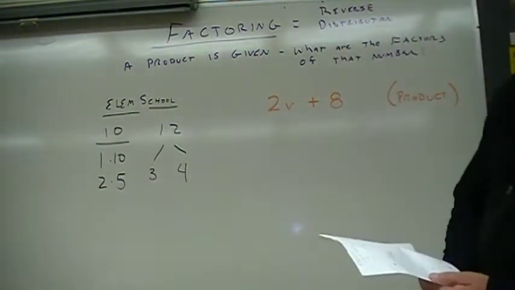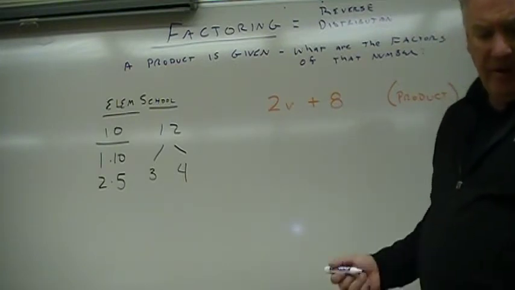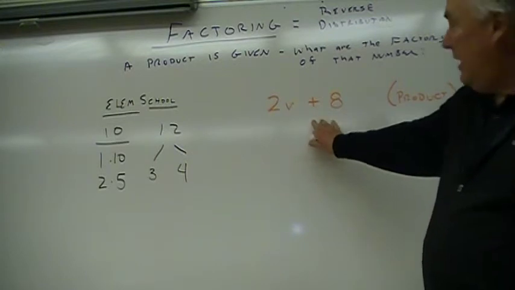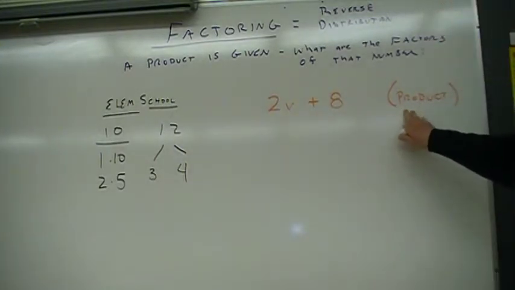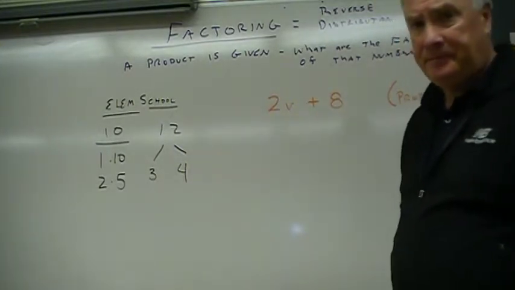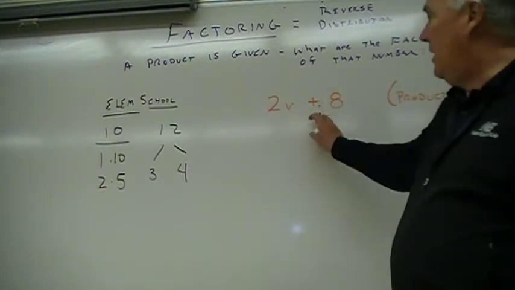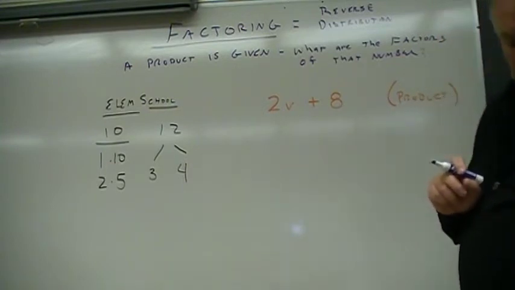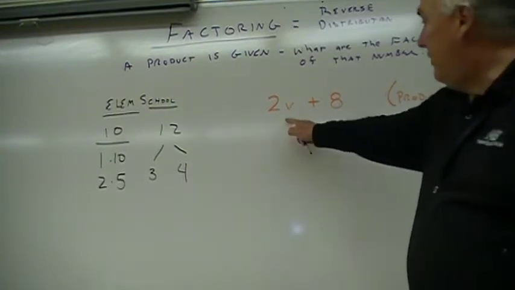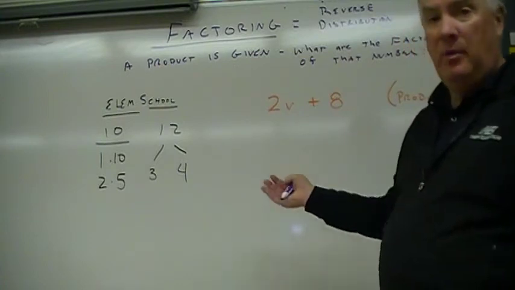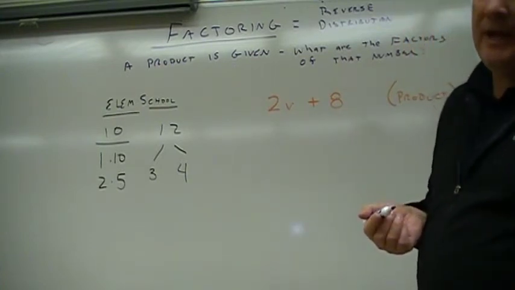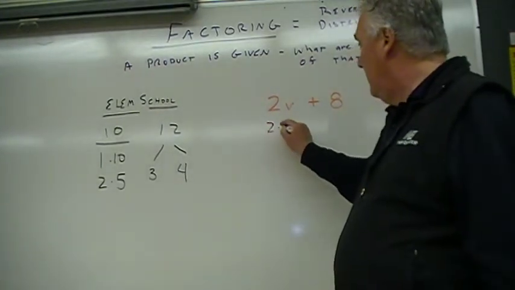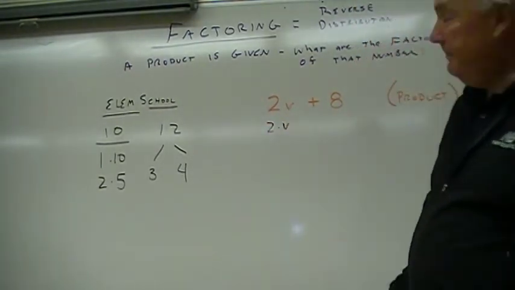Okay, so here's our first example. We're going to have number 1. This is about as basic as they get. Here is our product. This is what is given to you. What times what gives us that? Here's the thinking that you need to do. What goes into both terms? What things go into both? Numbers and variables. So in this one, it's 2 times v.